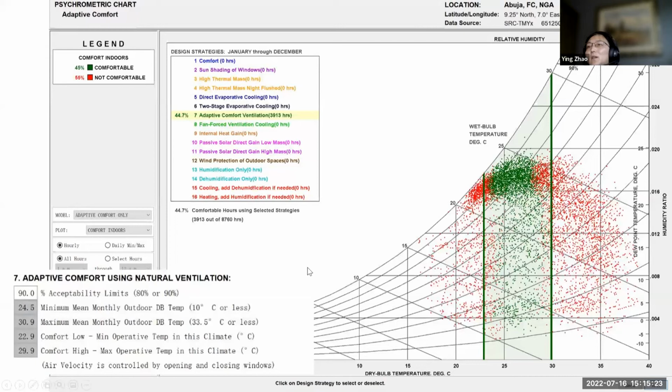With that adaptive model, if outdoor air is 30 degrees, people will probably tolerate an indoor temperature close to 30 degrees, rather than just the comfort zone of 25 or below. So with that adaptive model, about 44% of hours will be in that region.